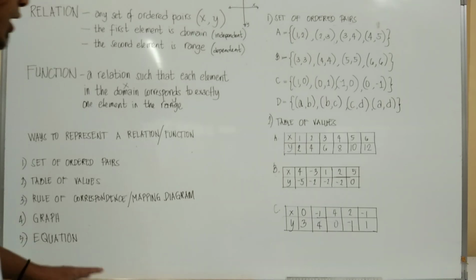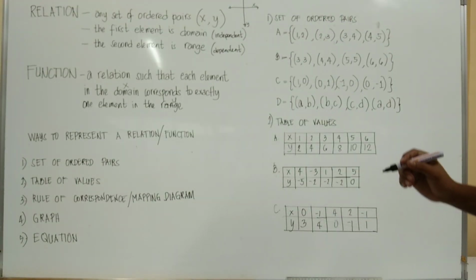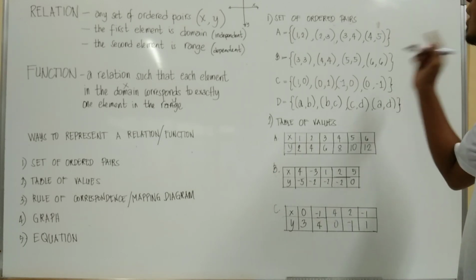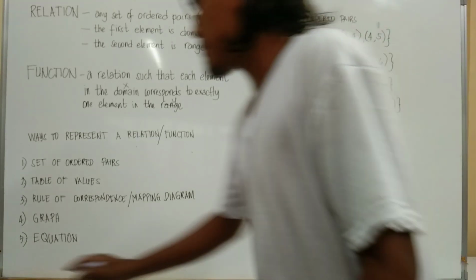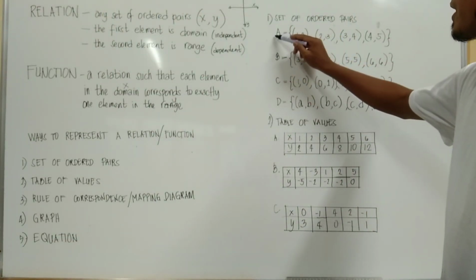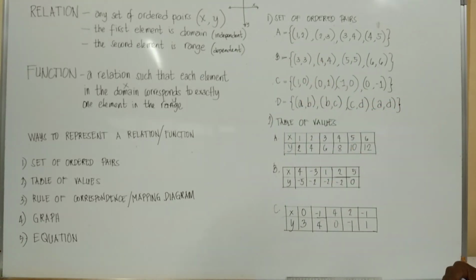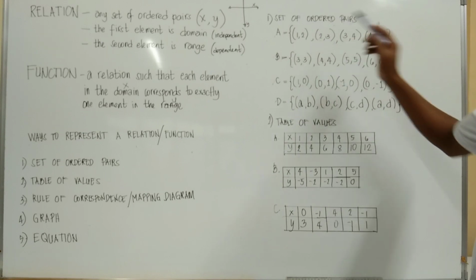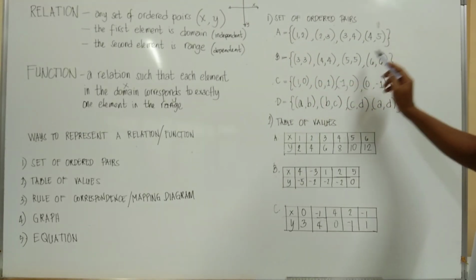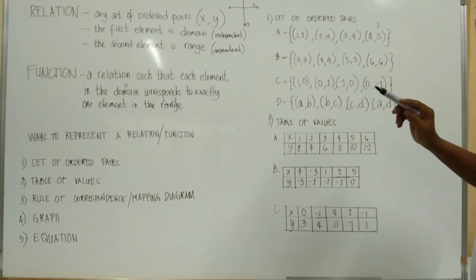Okay, so let us proceed to the first one. The first way to represent your relation or function is using a set of ordered pairs. We have four sets of ordered pairs: set A, set B, set C, and set D. Set A contains ordered pairs 1 and 2, 2 and 3, 3 and 4, 4 and 5.